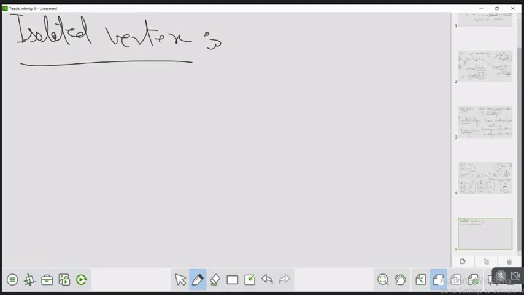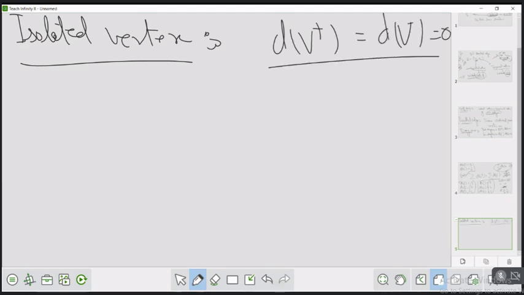How can we define it? A vertex not connected to any edge, or in terms of degree, a vertex with zero degree is called an isolated vertex. Clear?